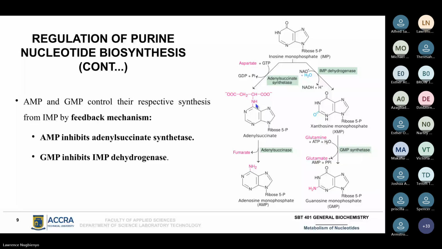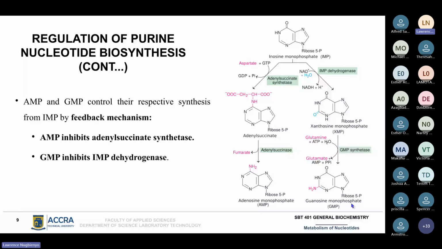So that adenosine monophosphate, the product in the process, serves as an inhibitor to adenylosuccinate synthetase, that first enzyme involved in the conjugation of aspartic acid to inosine monophosphate to form adenylosuccinate.